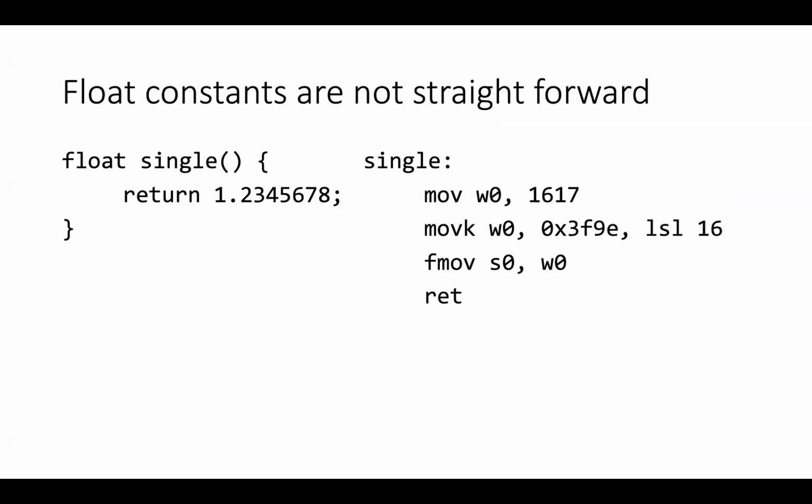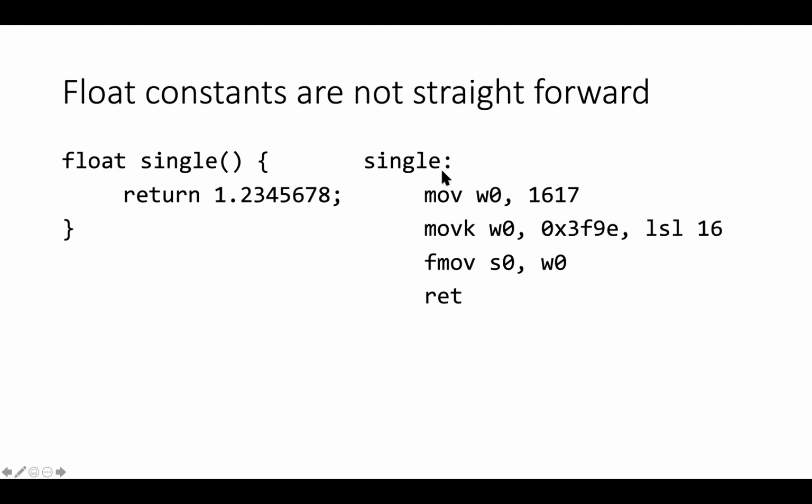Okay, so here is a single precision constant. The code on the right is the output of the compiler. This isn't how you or I would write this code. Instead, we would make the literal a global variable. We know how to do that in the .data section, and we would move it from RAM into a floating point register.